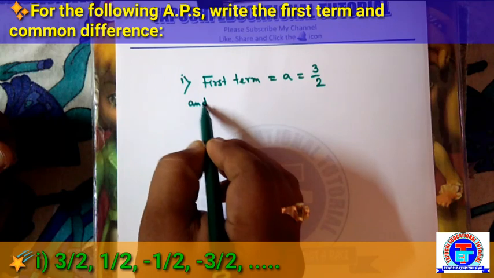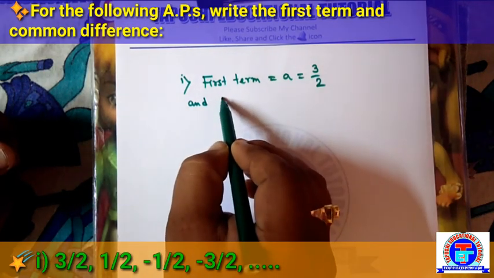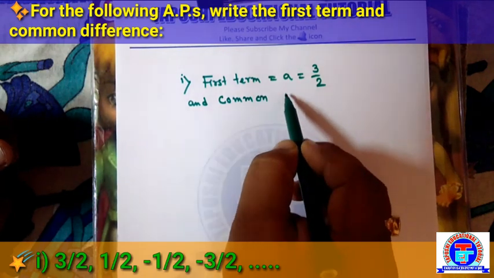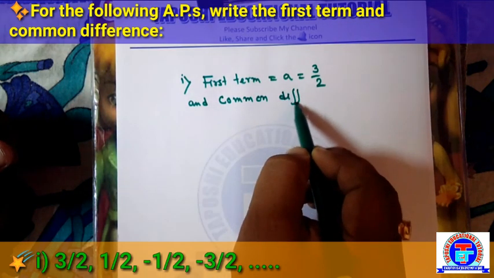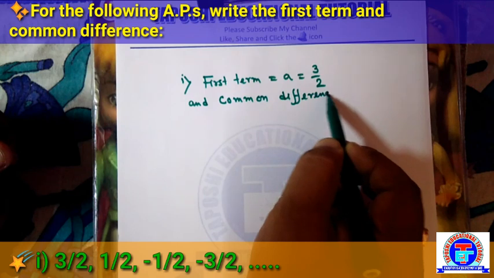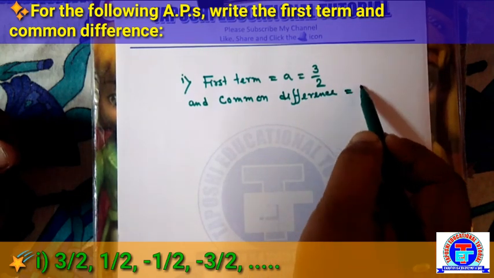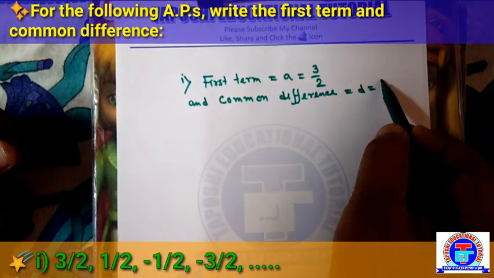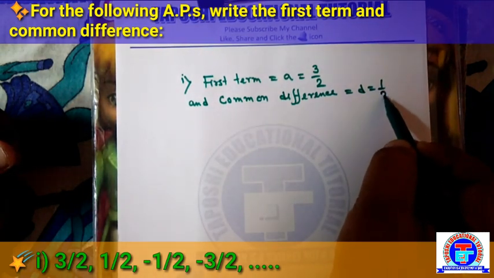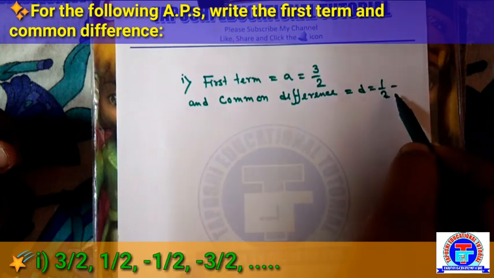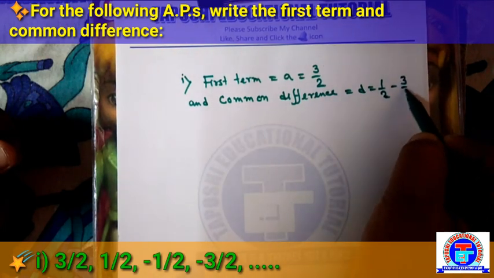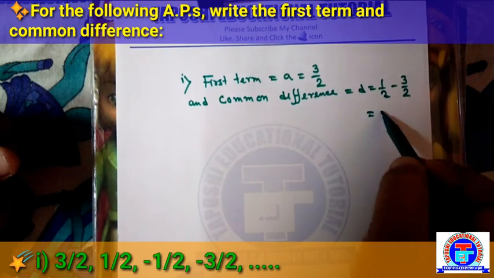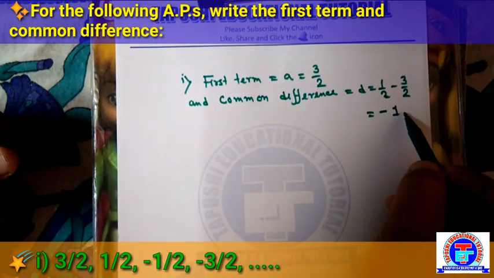And the common difference is equal to D is equal to 1 by 2 minus 3 by 2. Here minus 1, right?